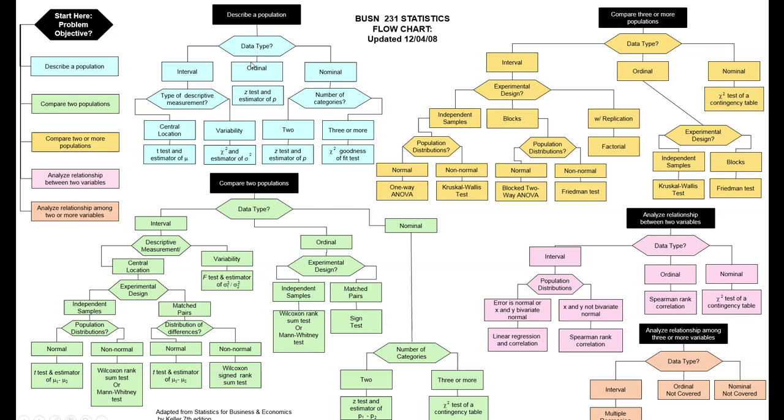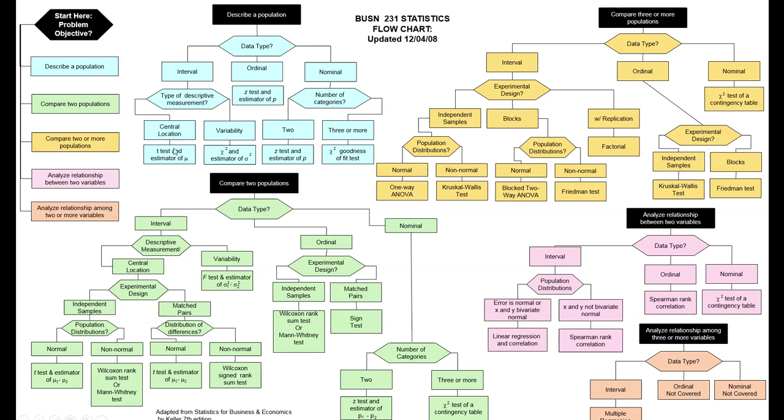Coming back, I see one column of data, so it's describe a population. What's the data type? Interval. What are you doing? Looking at the means, central location, or variability, variance and standard deviation. Well, we're talking about central location. Is the mean number of customers less than 20, now that our competitor opened up a bank down the road?